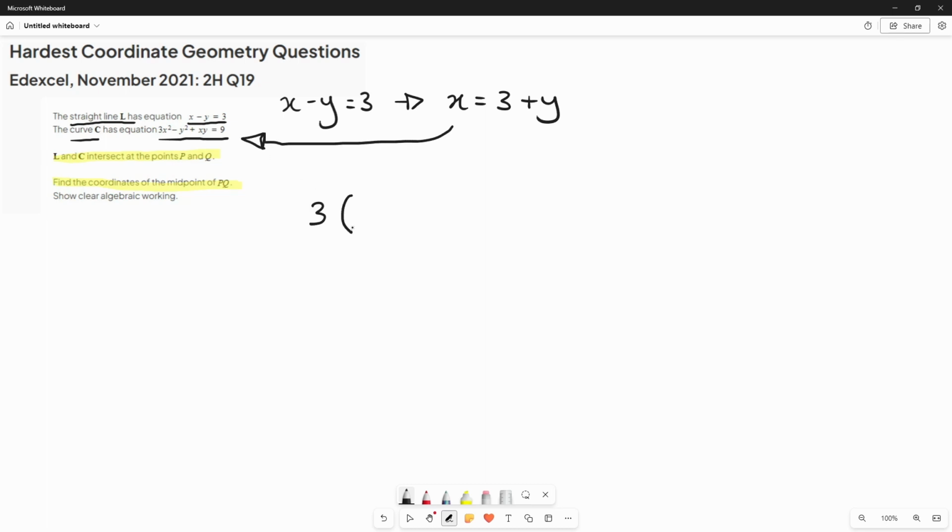3 plus y squared minus 3 plus y lots of y equals 9. The next thing we're going to want to do is expand the brackets.